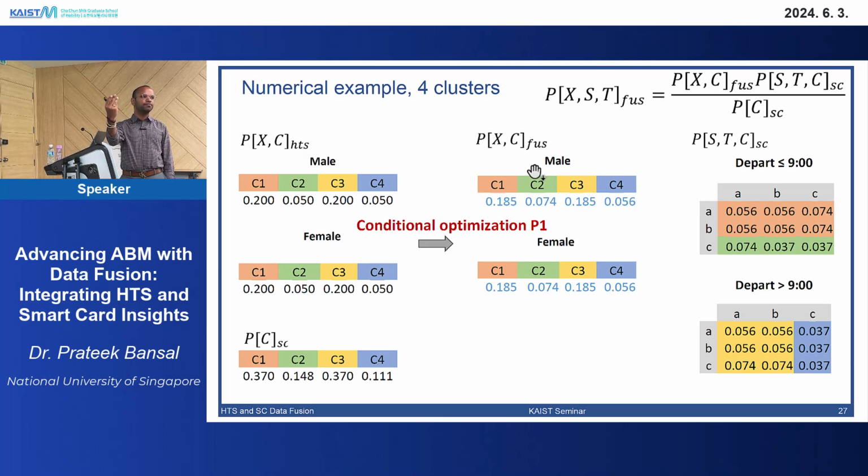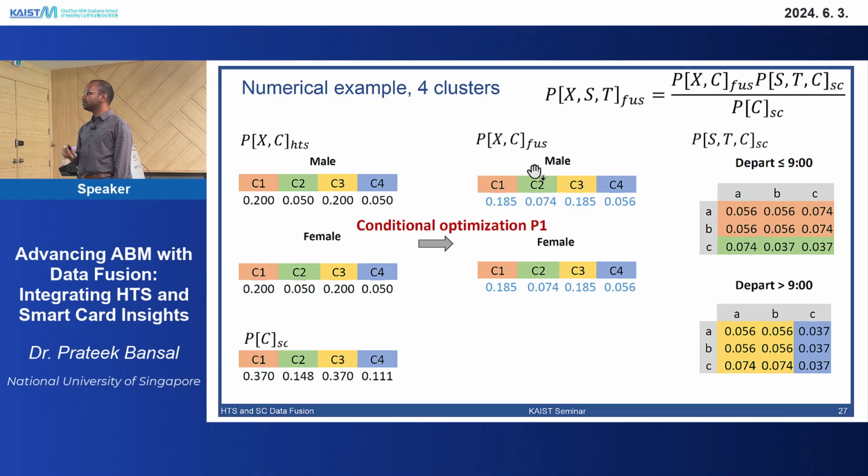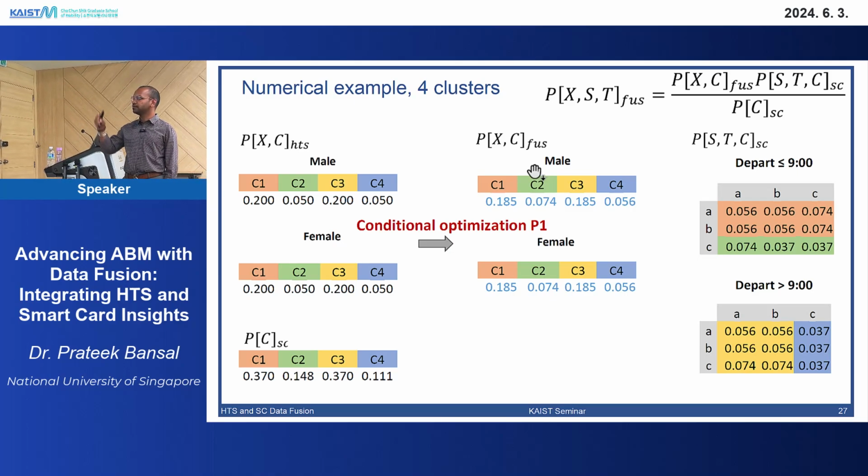In this case, basically for each cluster, we have two decision variables because we have one X only. X has only one variable with the two categories. So we just need to find, for each of the clusters, how much should be that for the male and the female, right?